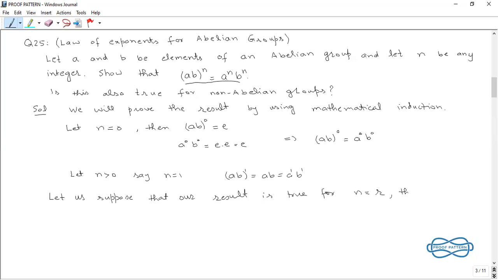Then (ab)^r is equal to a^r b^r. This is our assumption. Okay. We will prove it for n equal to r plus 1.